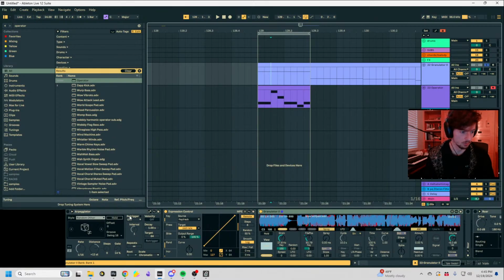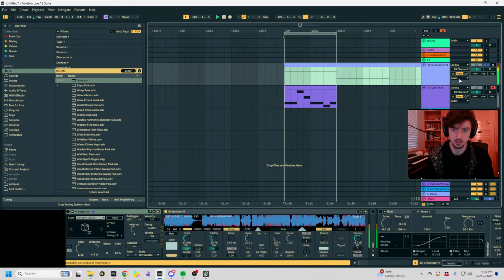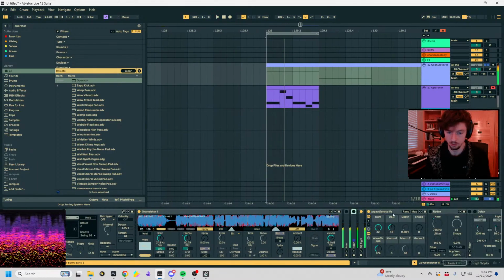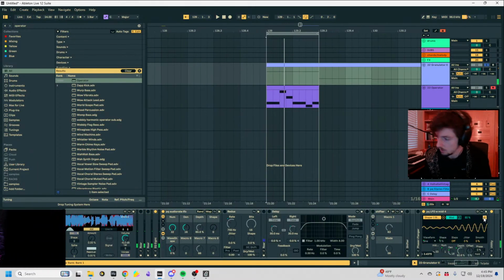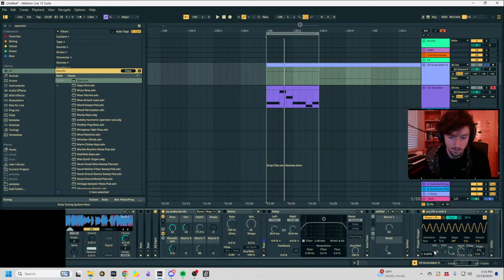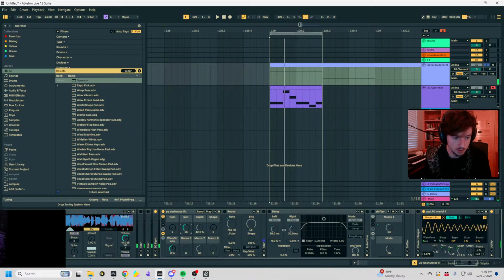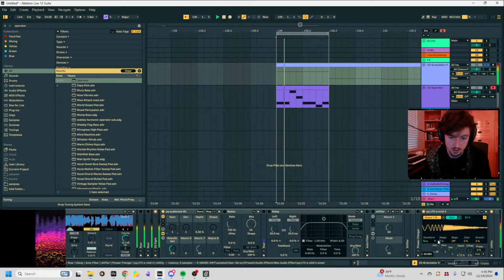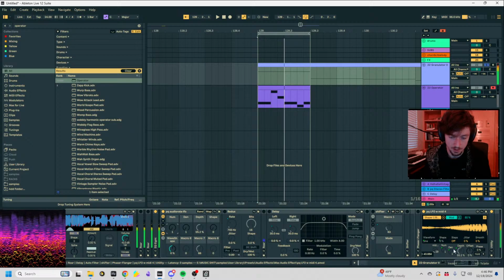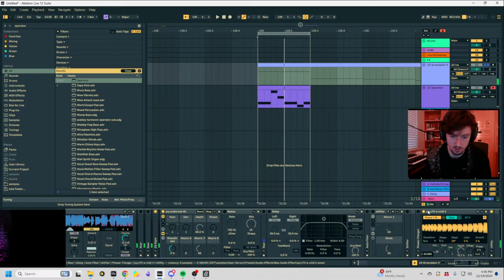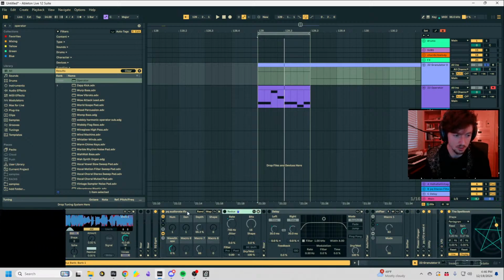And then we're gonna put the expression control on that. So now this will be following that MIDI, and then we just have to lower the depth amount because that goes crazy.